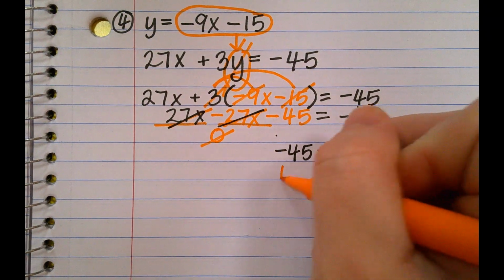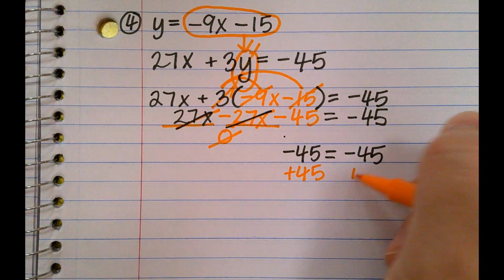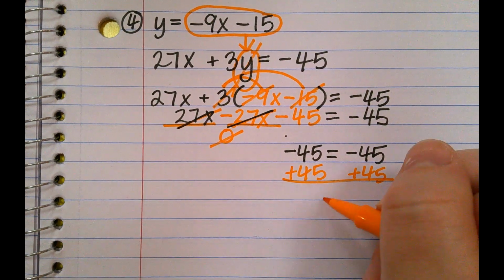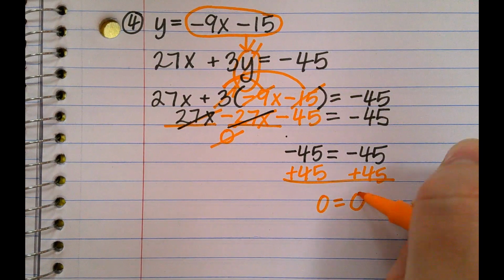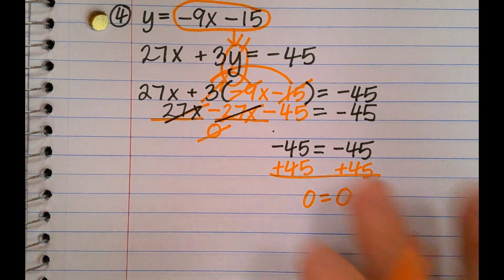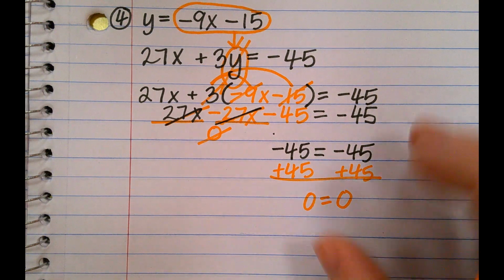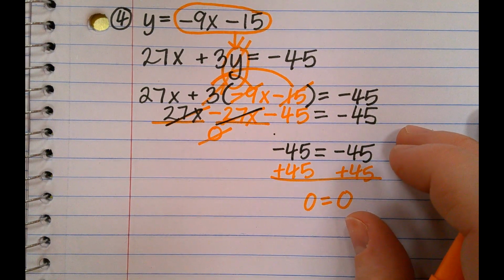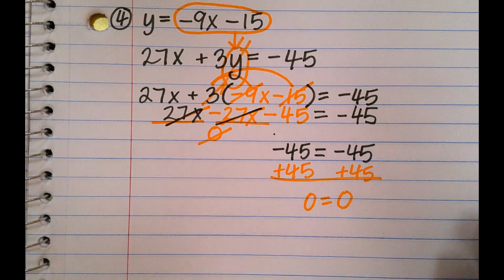Just for fun. Add 45. Both of these sides are going to be 0. 0 equals 0. Is that true? Yes, it is. We didn't have to do that next step, but I'm showing you that at this point, I can do anything to this equation.